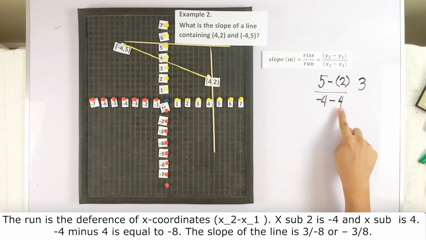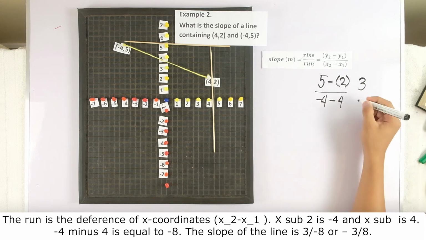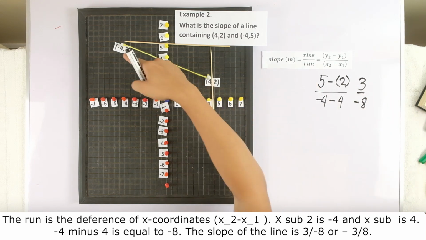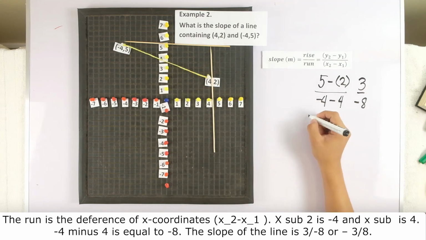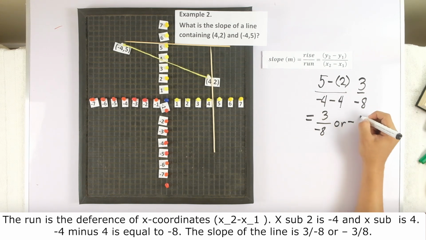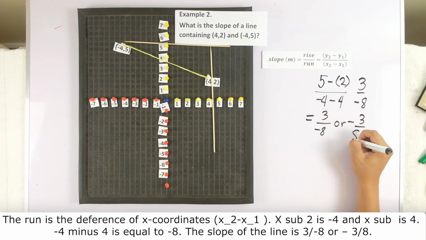Negative 4 minus 4 is equal to negative 8. The slope of this line is 3 over negative 8, or negative 3 over 8.